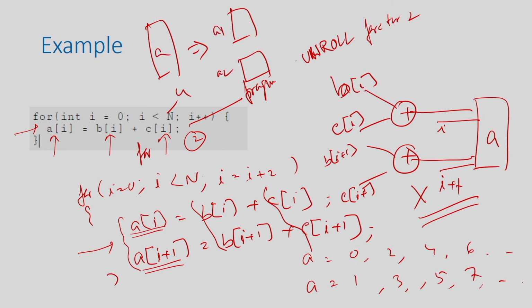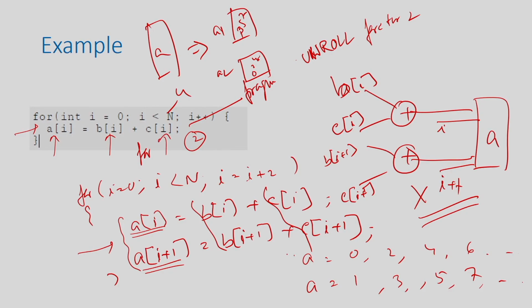Here I am going to put the data of 0, 2, 4, 6 and so on, and here 1, 3, 5, 7 and those index data. Now there are two arrays, these two arrays can be mapped to two different block RAMs, and I can actually access those data because these are two different arrays. So, based on the access pattern, I have to decide how to partition the array into multiple arrays.